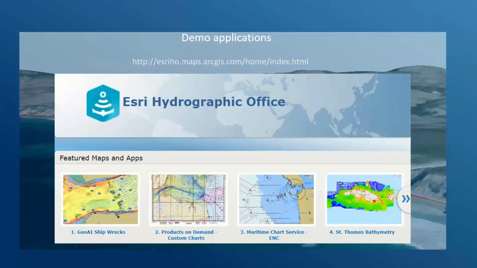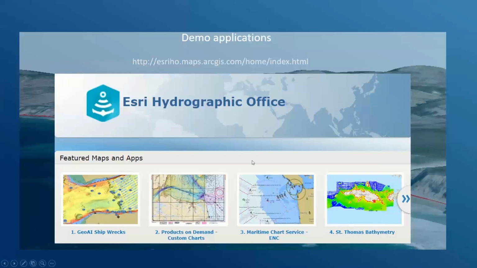So that's the update we have here, and we are going to very soon update that script on the Maritime Esri community page. And also you can see other demo applications, products on demand, custom charts, and maritime chart service and ENCs. These are the ArcGIS Maritime Server capabilities, and the last one is Bathymetry Server capabilities.